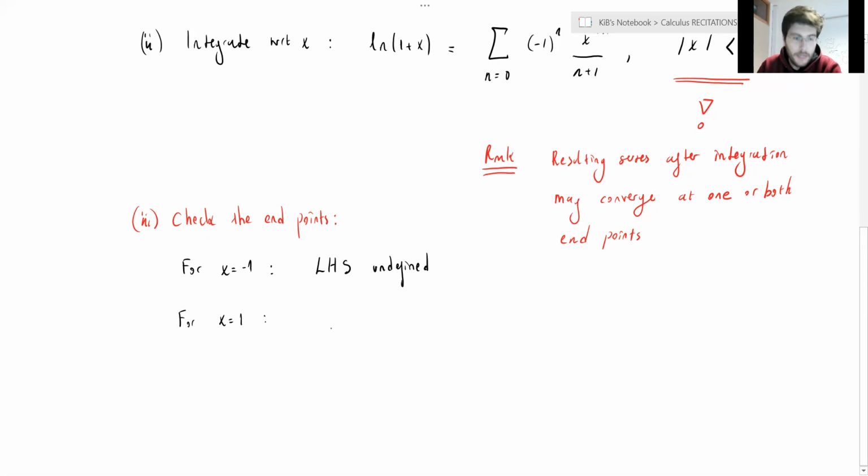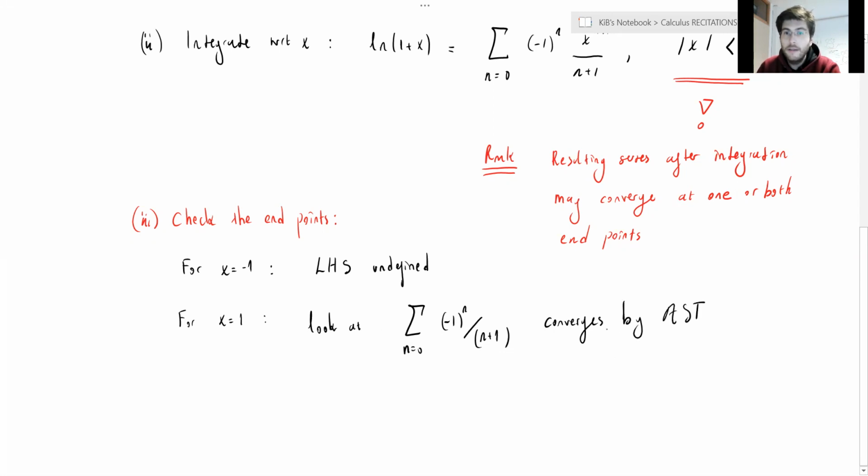So what about the right-hand point? If you substitute x equals 1, on the right-hand side we have (-1) to the n over n plus 1, the only term we have. This converges by the alternating series test.